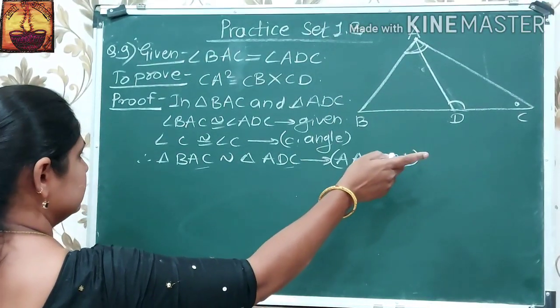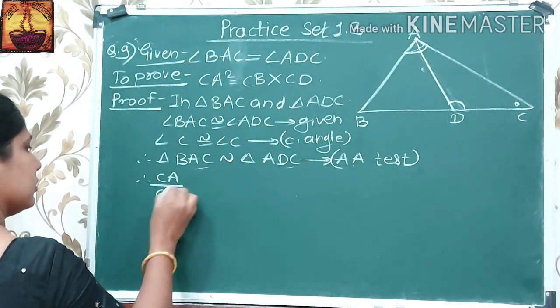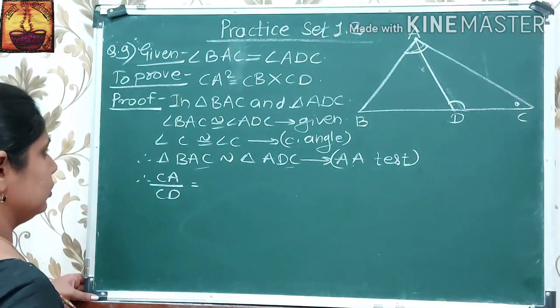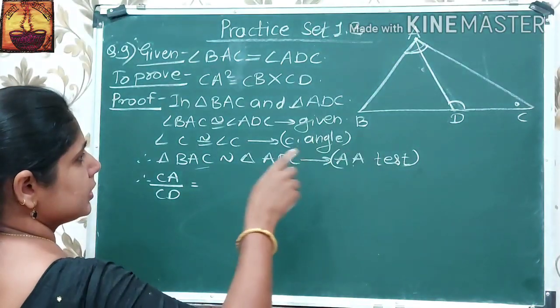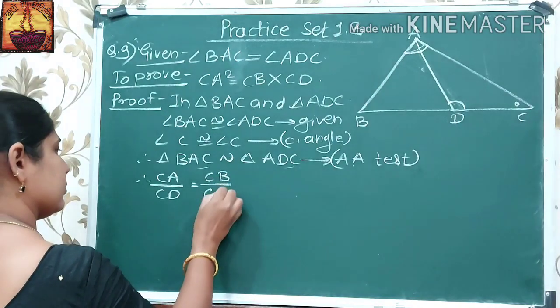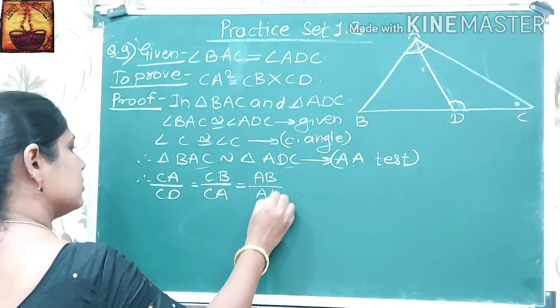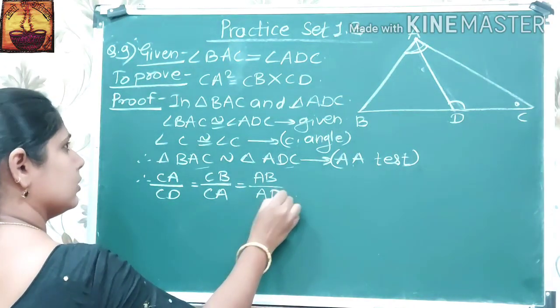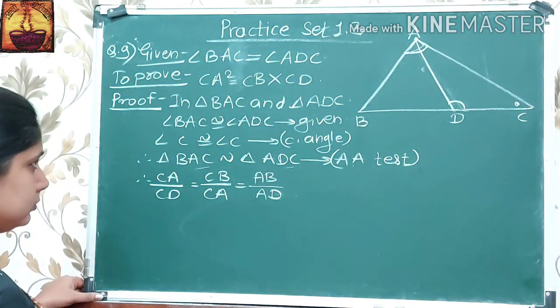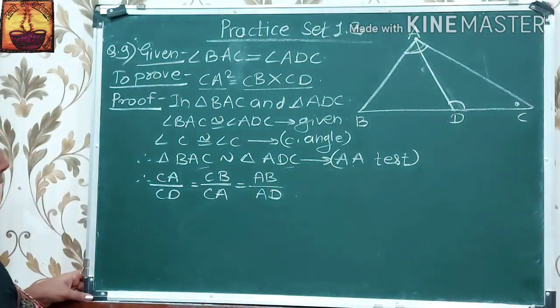CA upon CD is equal to CB upon CA is equal to AB upon AD. Now we have to prove that CA square is equal to CB into CD.